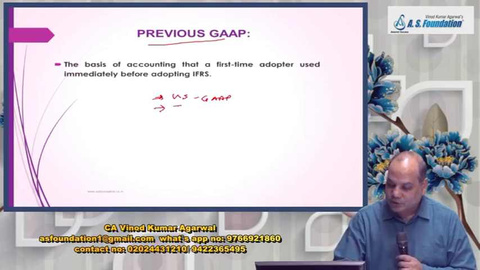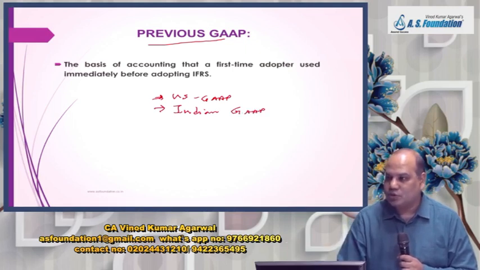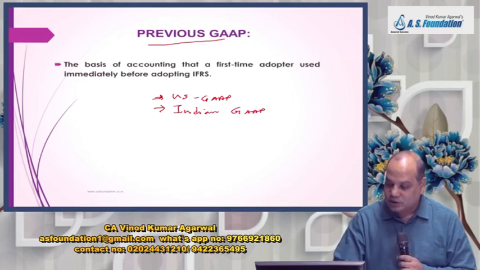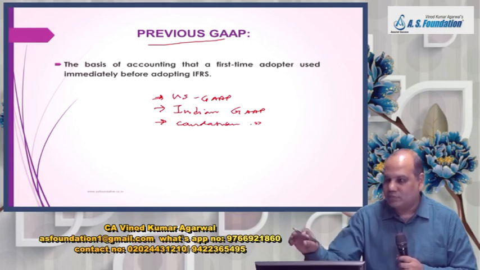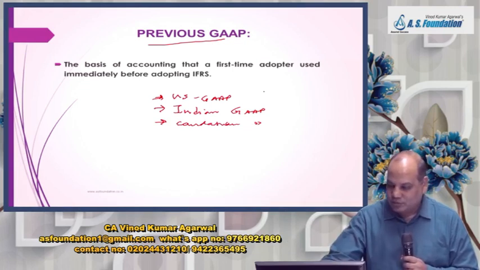Or a company following Indian GAAP wants to now switch to IFRS. So then Indian GAAP will be previous GAAP. A company following Canadian GAAP wants to switch to IFRS. Then Canadian GAAP is the previous GAAP. UK also has its own set of standards.